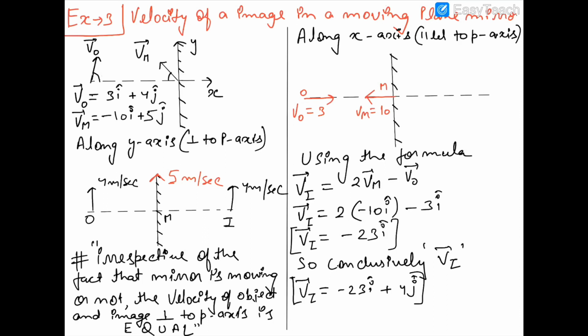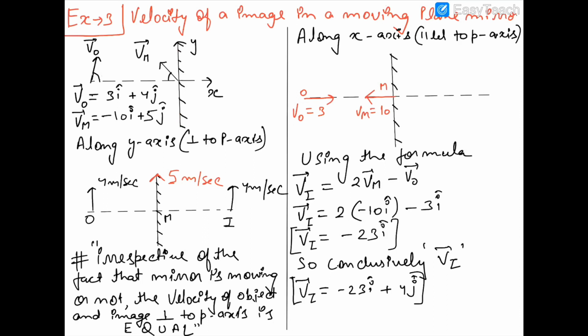Now we have to firstly take the components of these velocities in two directions, not along the x-axis or y-axis. In fact, these two directions are the direction along the principal axis, which is this, so we have to resolve the velocities along the principal axis, and the other component is in the direction perpendicular to the principal axis.